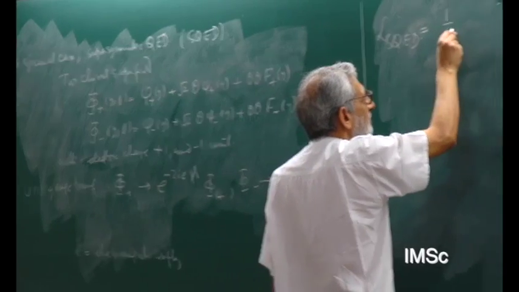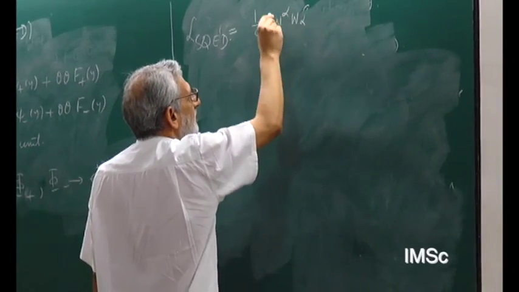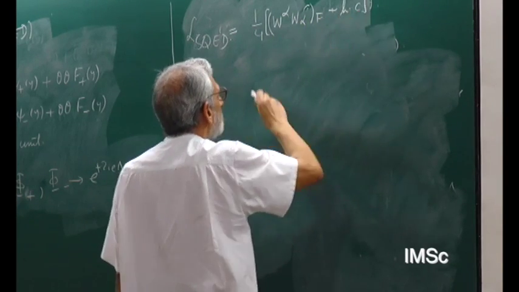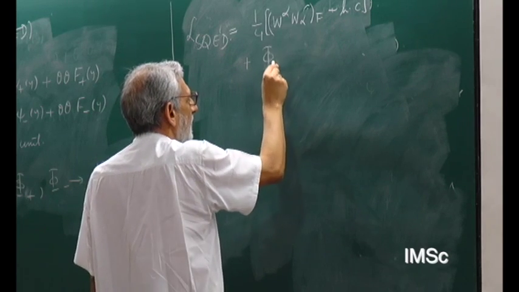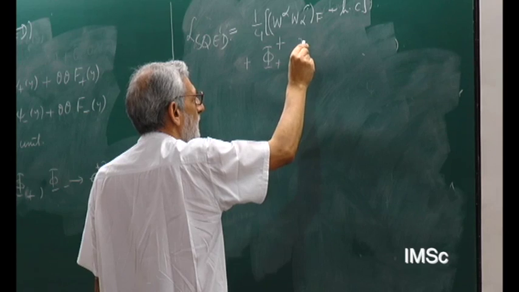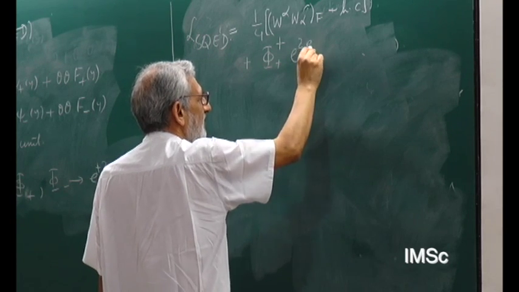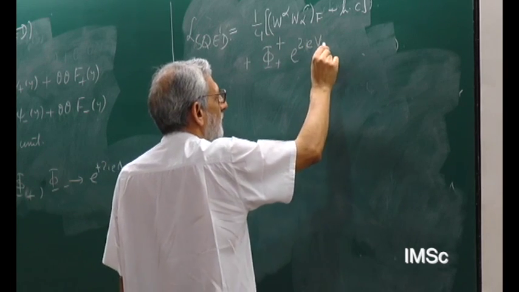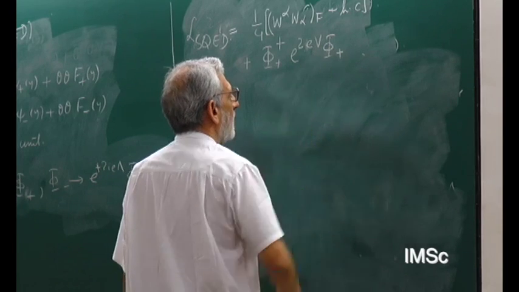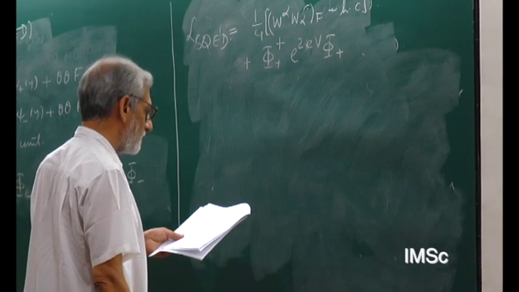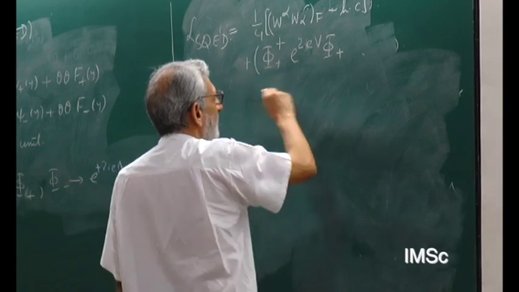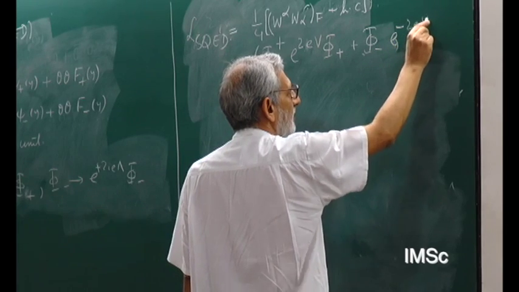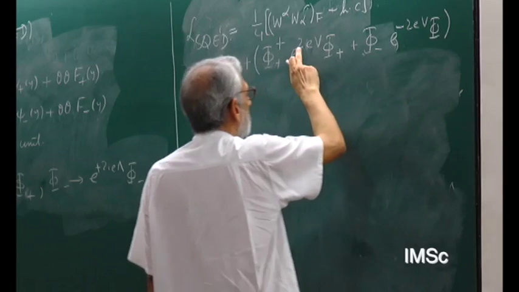By the same rules, it is W alpha, F term, plus Hermitian conjugate, plus phi plus dagger exponential 2 e V phi plus, and for phi minus, exponential minus 2 e V phi minus.